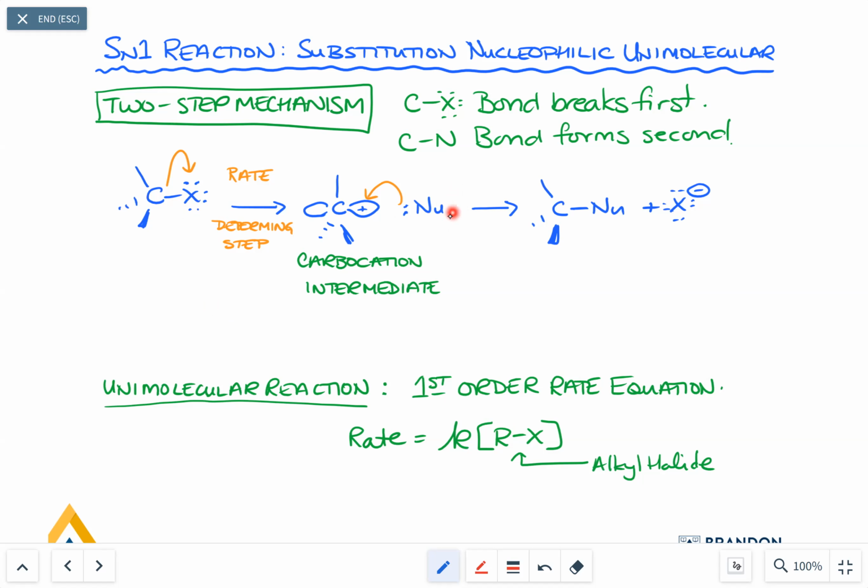In an SN2 reaction, you can increase the amount of alkyl halide or the nucleophile, and that's going to increase the rate of the reaction if you're doing experiments on that, measuring it. But in the case of a unimolecular reaction, it's only the alkyl halide because the rate determining step is breaking this bond. The formation of the other bond happens after the rate determining step.